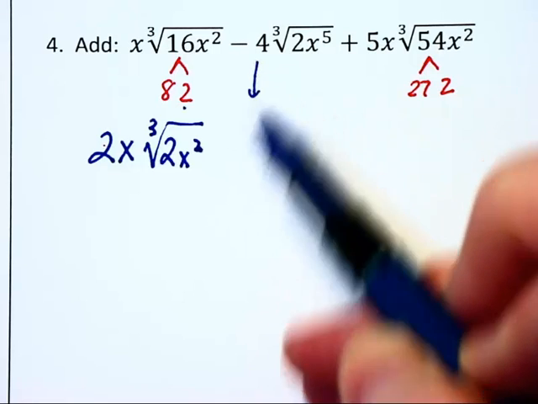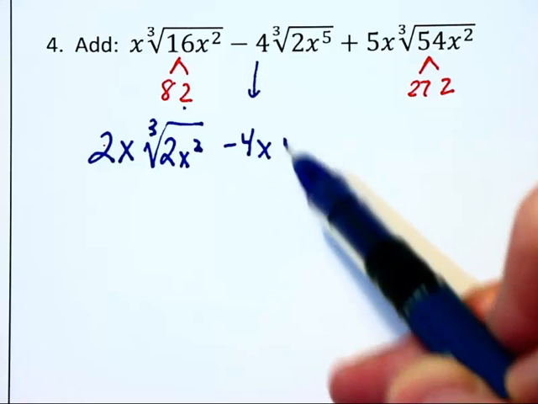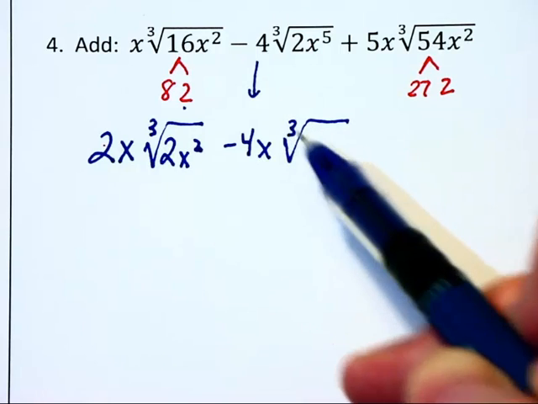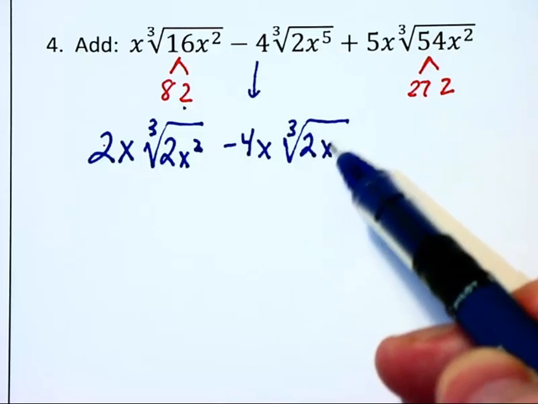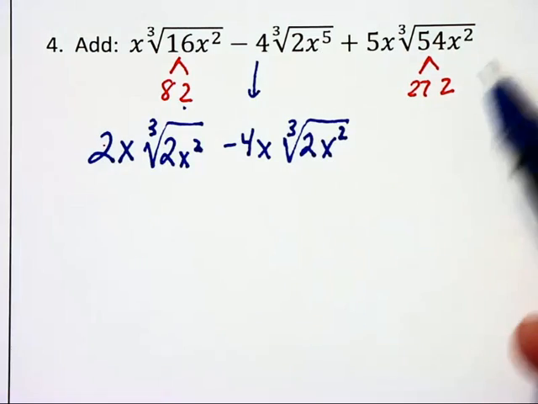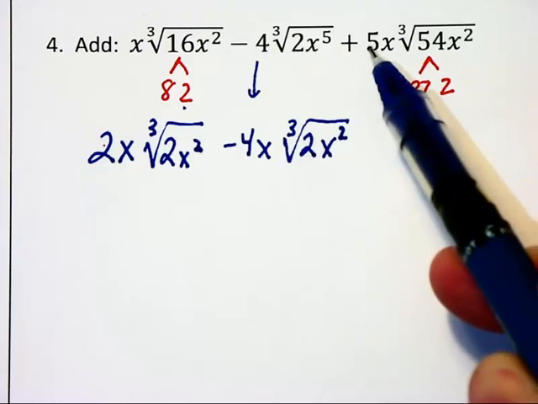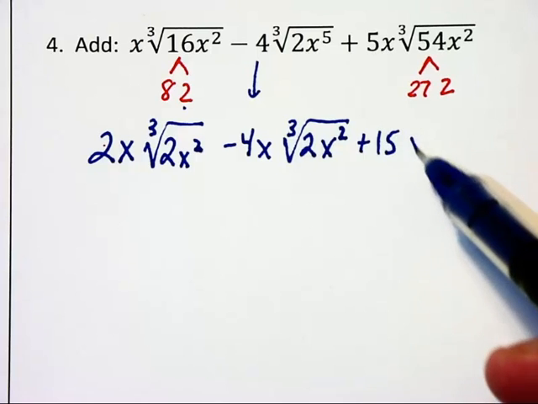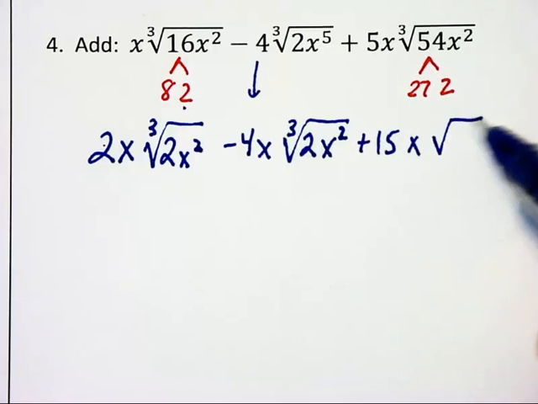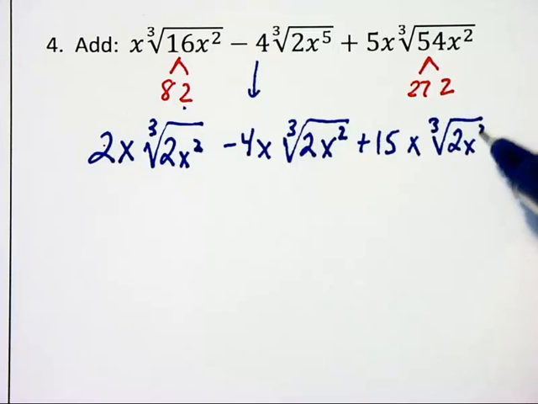So I'm going to keep my minus 4 outside, bring 1 x out, and inside of the cube root I will still have the 2 and the remaining 2 x's that are there. The cube root of 27 is 3, which comes out, multiplies with the 5, and gives me 15, times the x that's already out front, times again the cube root of 2x squared.